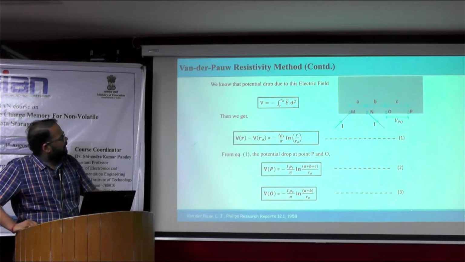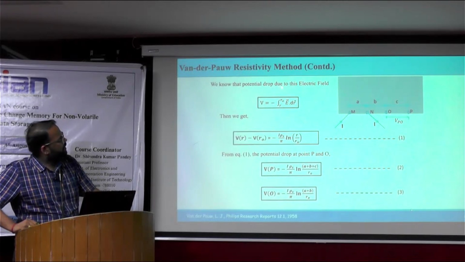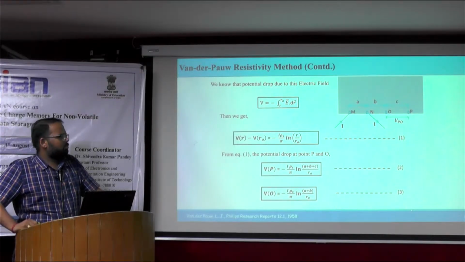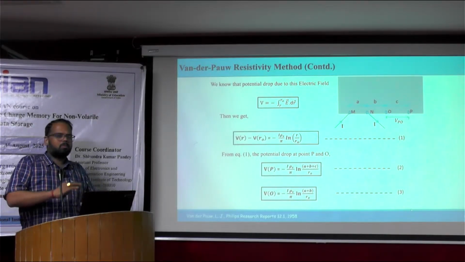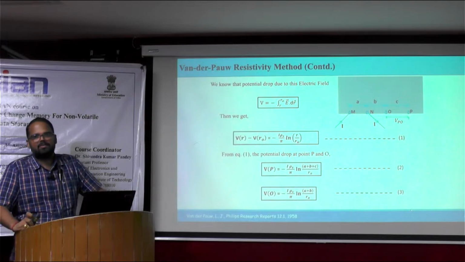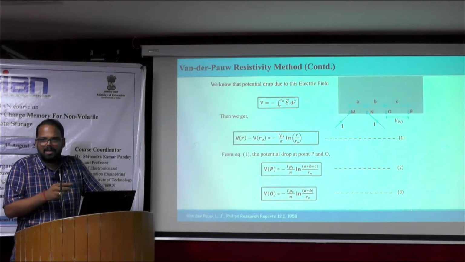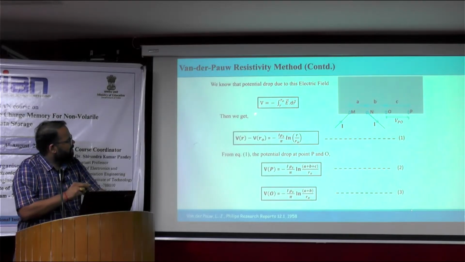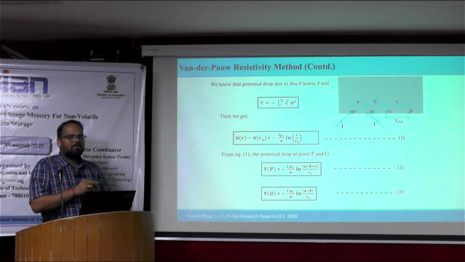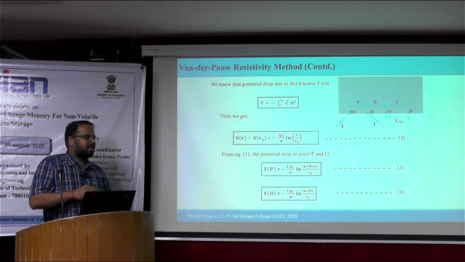Then if we know the potential drop due to this electric field, you can solve this mathematical equation with respect to this radial bias, because it is not simply voltage, you are calculating with respect to field and that radial change.